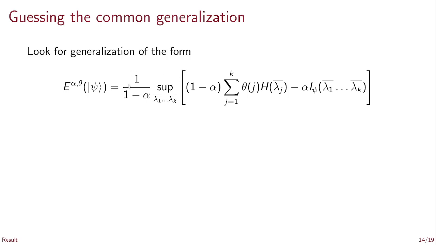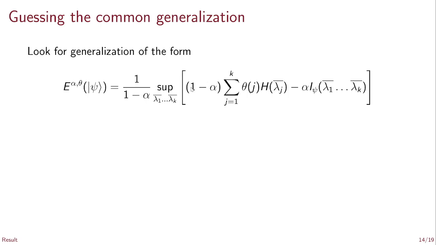So we should look for a generalization of this form. 1 over 1 minus alpha is just a normalization that was not included in the previous table, though it was included in the Rényi entropies.